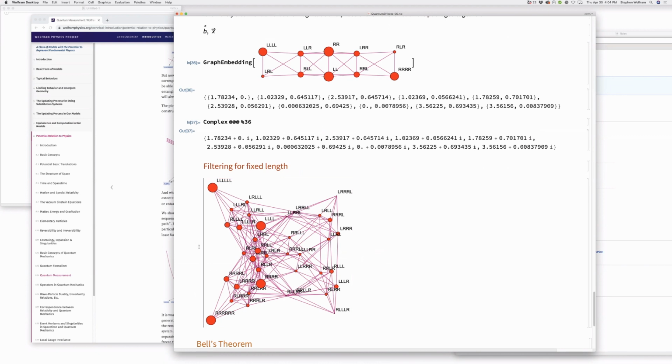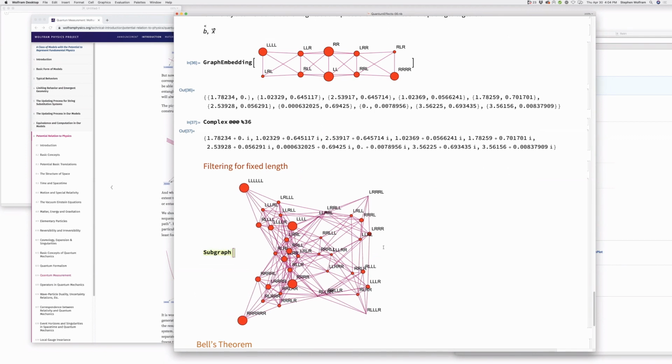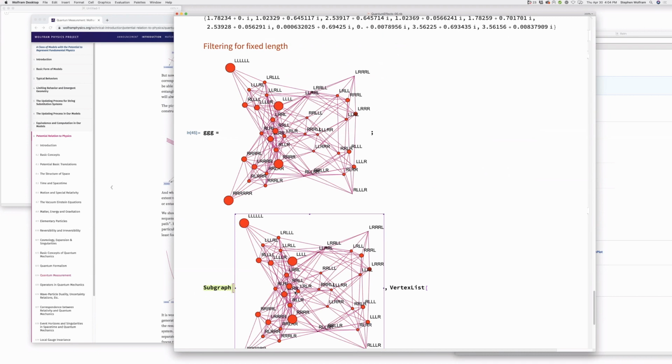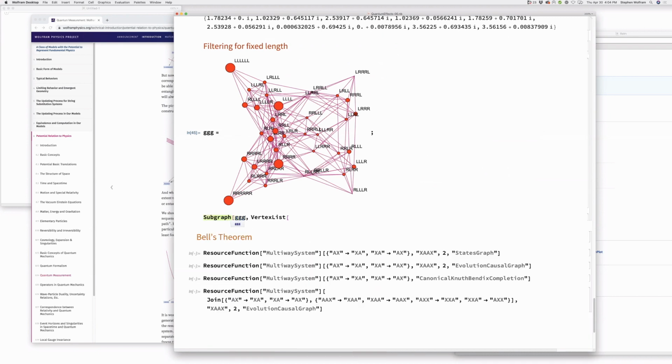So we want a subgraph of the graph GGG, where it's the vertex list of GGG, selected with string length. Pick your string length, 4. Yeah, okay, let's try 4.